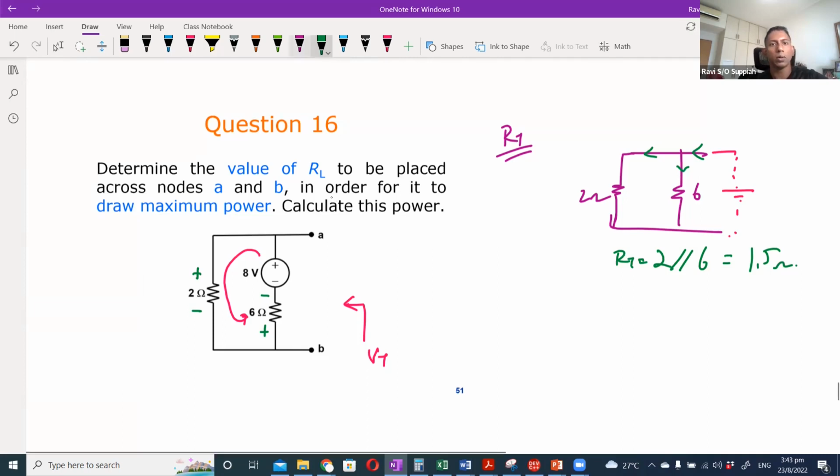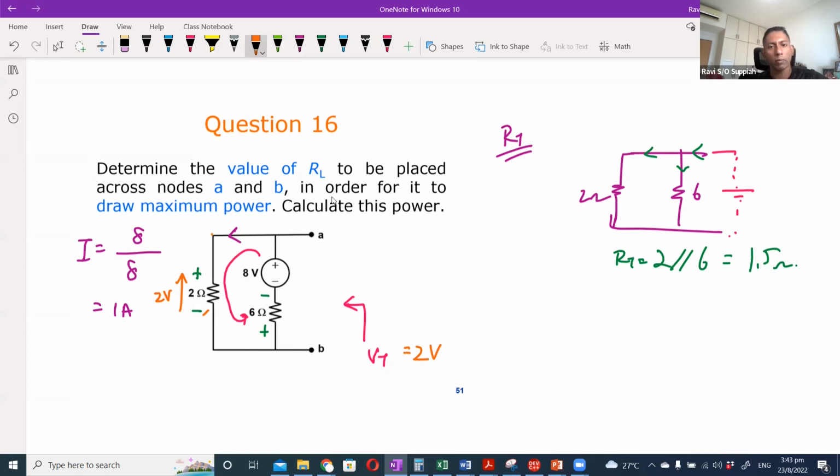The total current in this circuit, I, is given as 8 over the total resistance. The 2 and 6 are in series, which will be 8 over 8, which is 1 ampere. When 1 ampere flows, I'll get a 2 volt drop over here, which means that VAB or VT is 2 volts.